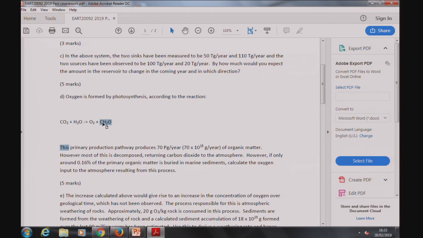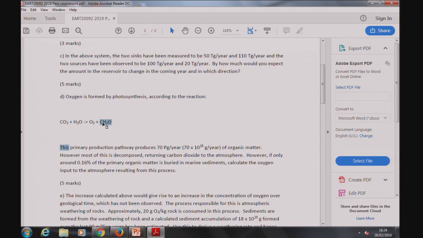What does it say? Sorry, I've got this wrong. It releases CO2 back to the atmosphere. CO2 plus water. Okay, and I've not got the number of moles quite right there. It doesn't matter.